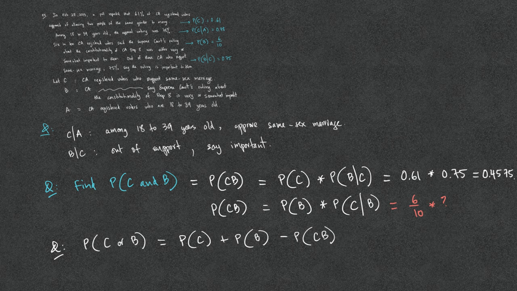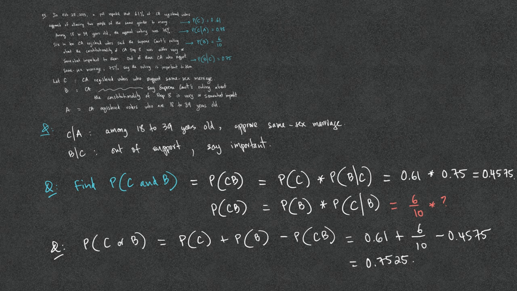We have the probability of C, which is 0.61. We have the probability of B, which is 6 out of 10. And then we have the probability of CB, which we found up there, which is 0.4575. This is 0.7525.